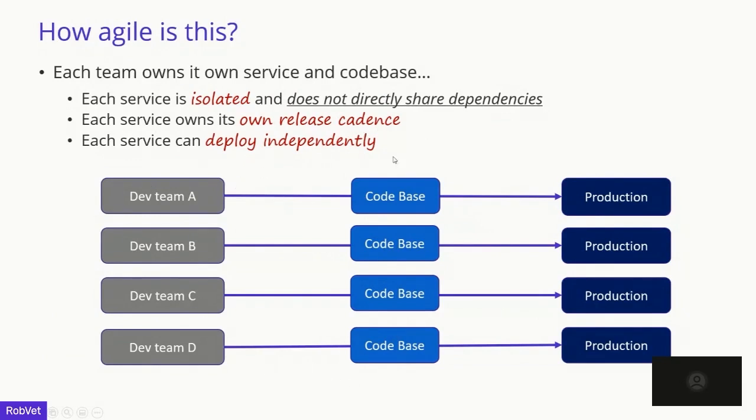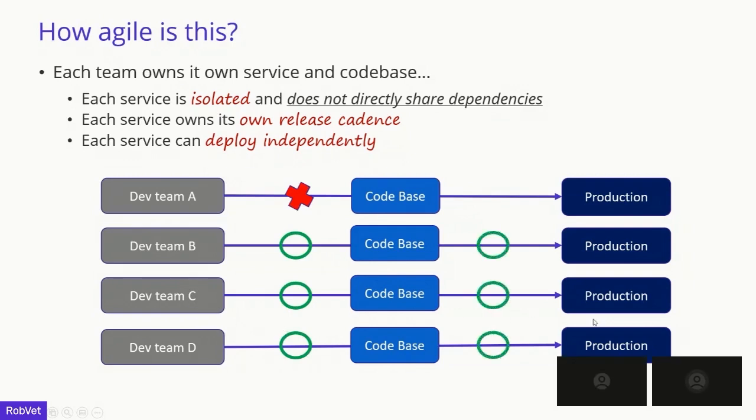So if dev team A breaks their code base, but dev team C, the pricing engine, has a fix out, they could effectively make their change and push it out without worrying about dev team A so much, as long as the interface between these two isn't broken. So you can see that each team can deploy independently. Each service has its own release cadence.